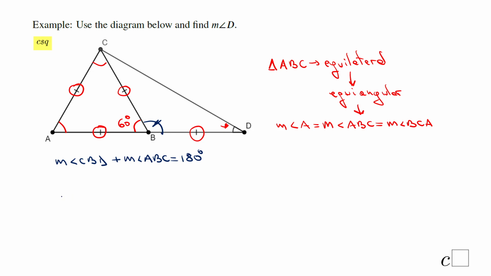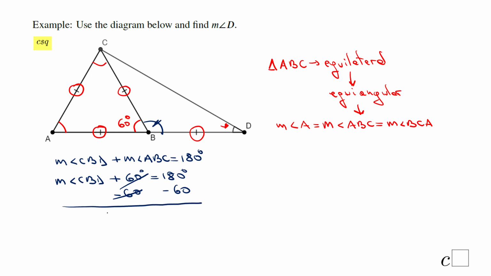So I can find the measure of angle CBD now by simply subtracting 60 degrees from 180, like I did here. So what do we have here? We have the measure of angle CBD equals 120 degrees. This angle here is 120 degrees.